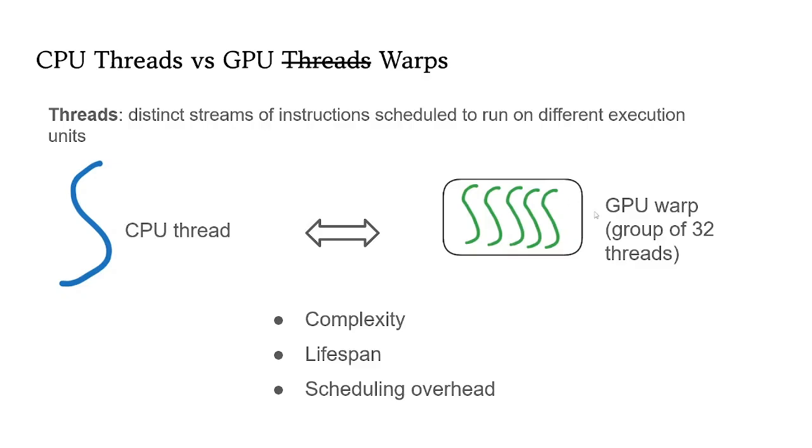Whereas for the GPU, I have more than enough registers so that when I'm putting a warp to sleep, I don't necessarily have to transfer its state to main memory. So they can lie on the registers. So effectively, we say the GPU warps have almost zero overhead when being scheduled.